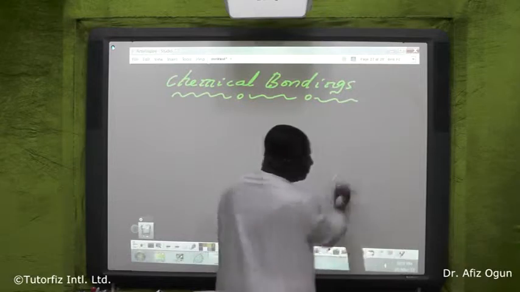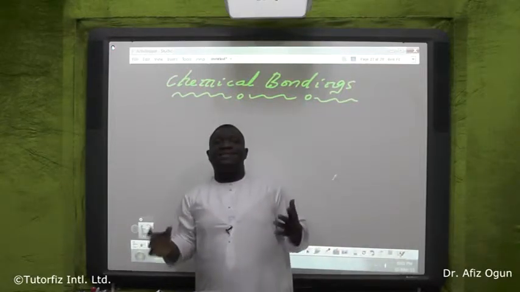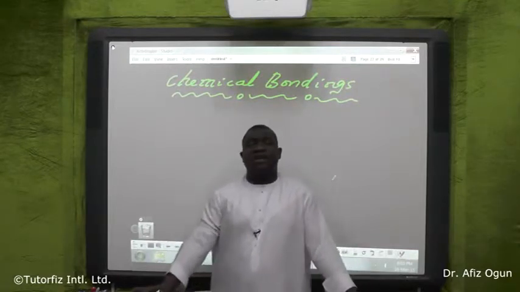Because atoms of these elements want to attain the noble gas stage, the group 0 outer electron shell.